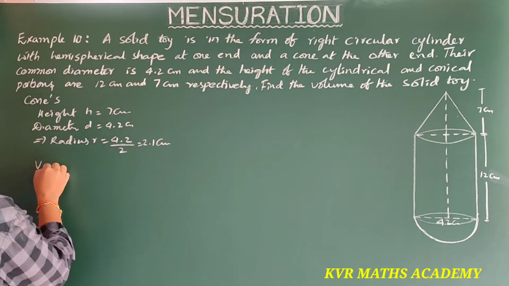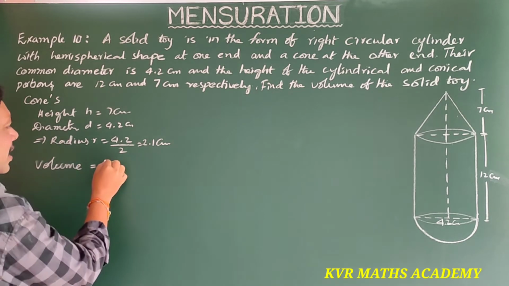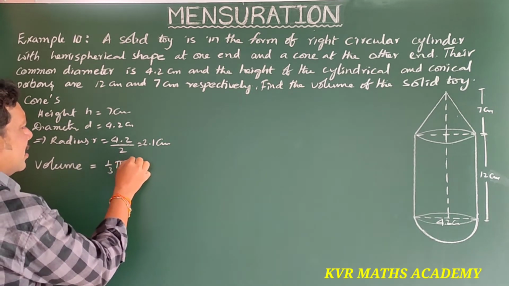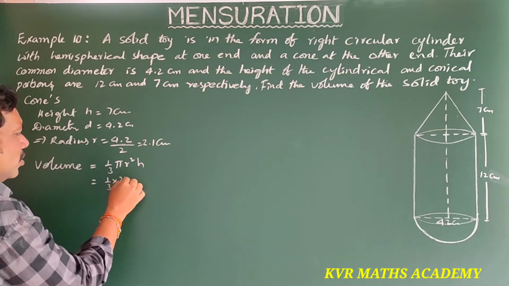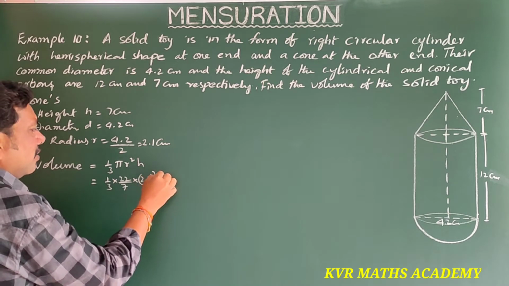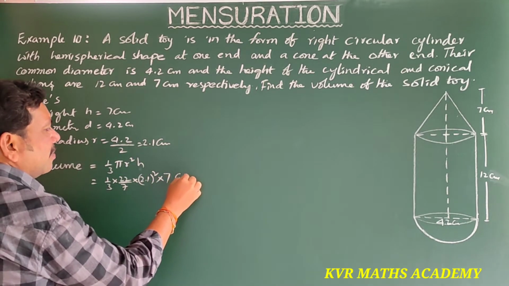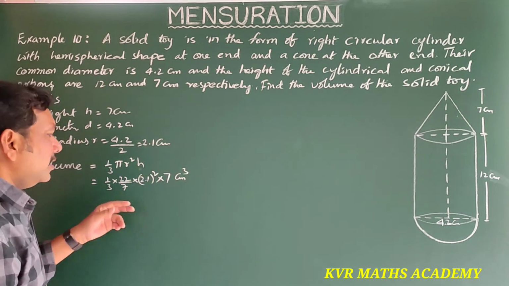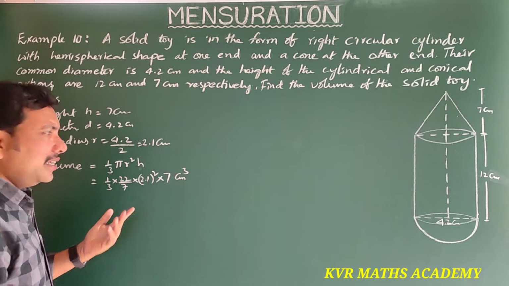Next, its volume is the volume of the cone. What is the formula? 1 by 3 pi r square h. So that is 1 by 3 into 22 by 7 into 2.1 whole square into 7 centimeter cube. Don't simplify, keep it like this.